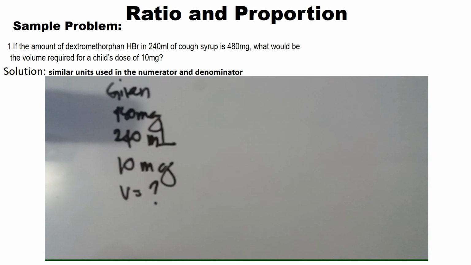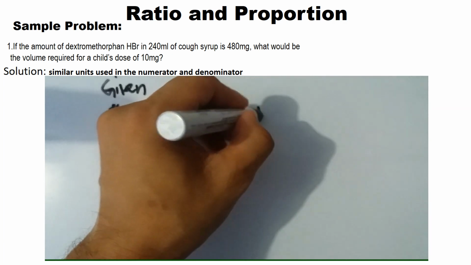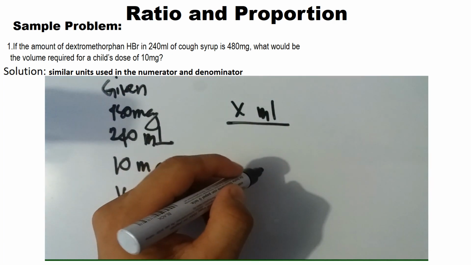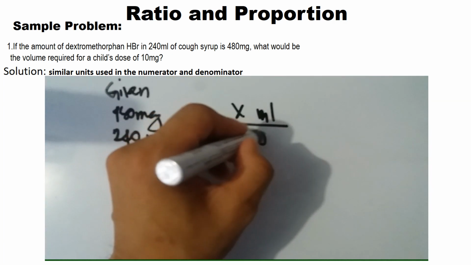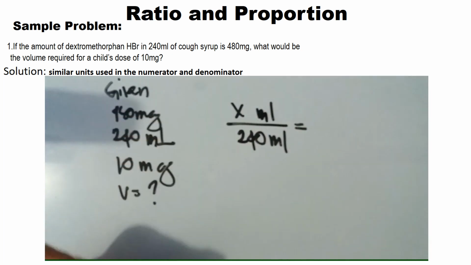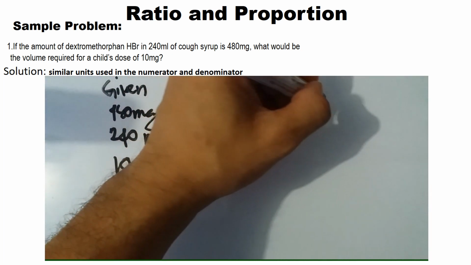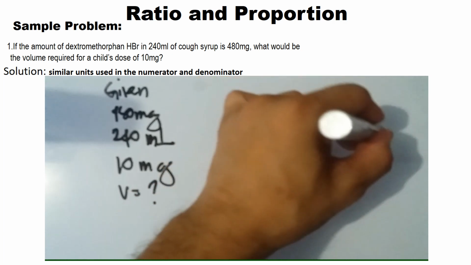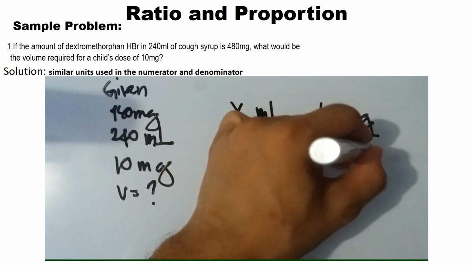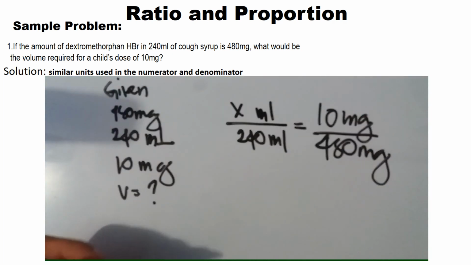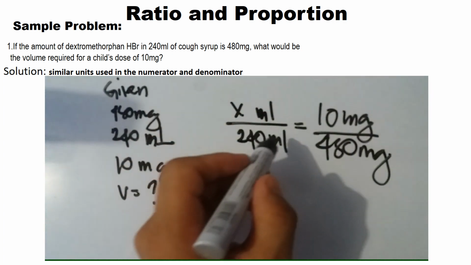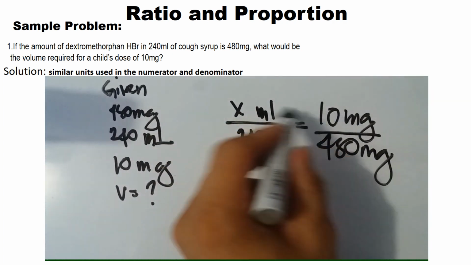If we follow the similar units, it will be like this: X ml divided by 240 ml is equivalent to 10 milligram over 480 milligram. Here, you have to make sure that each pair is facing each other.